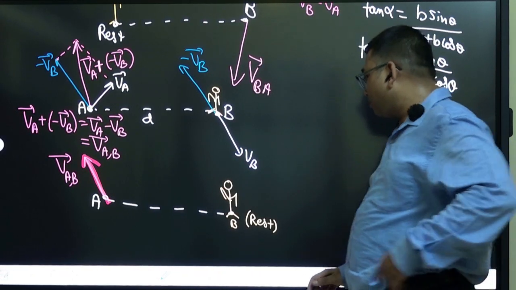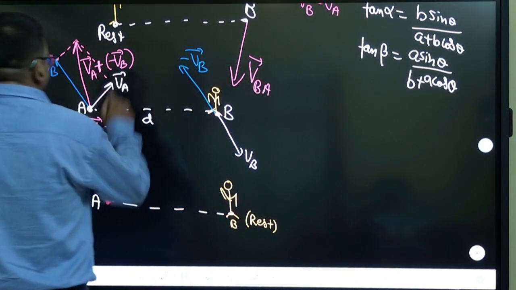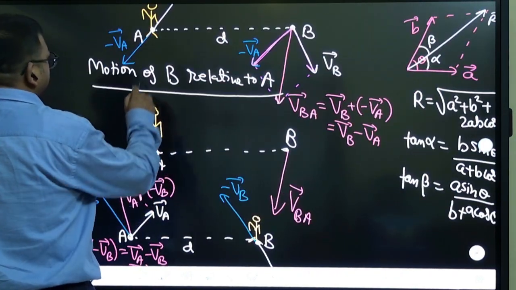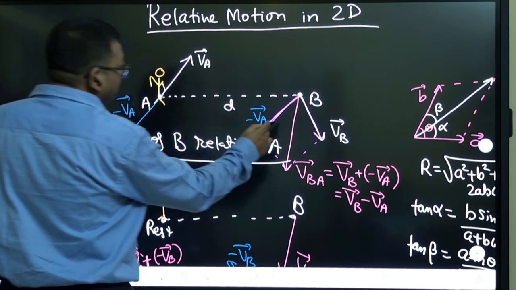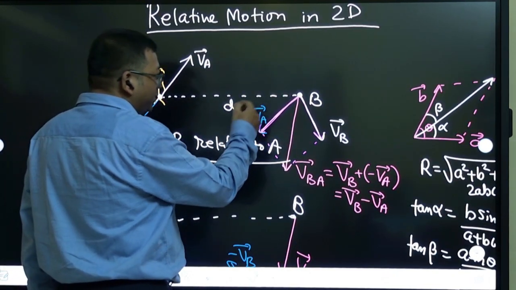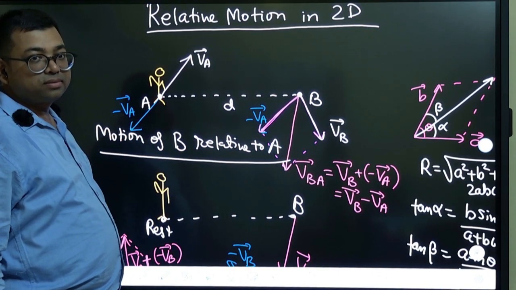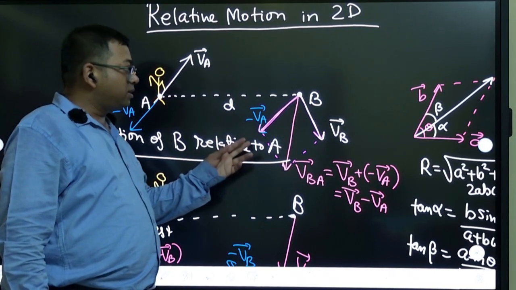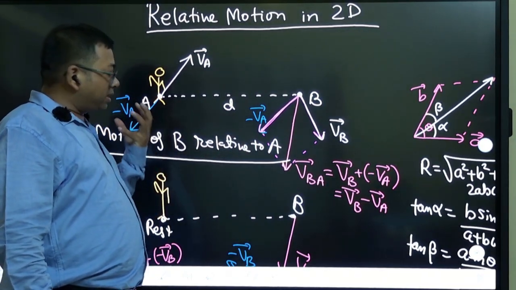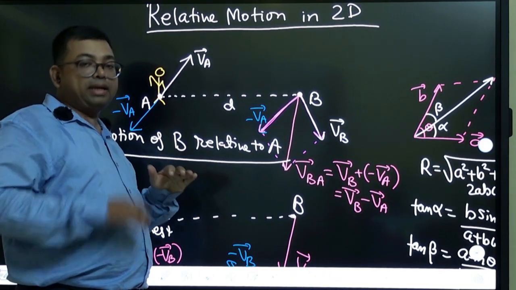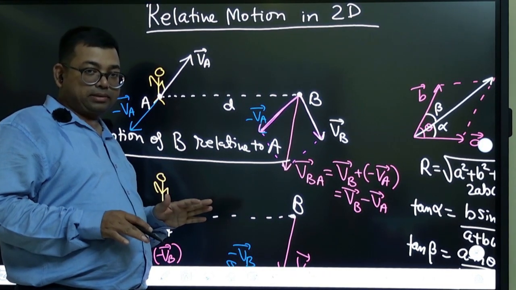See, when the observer was at A, he added minus VA to B. Wherever the observer sits, he will add that negative to everything else.